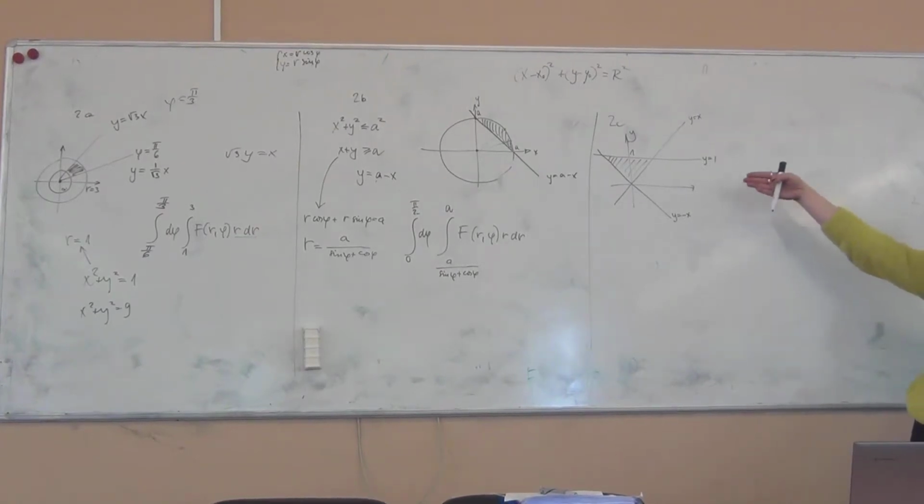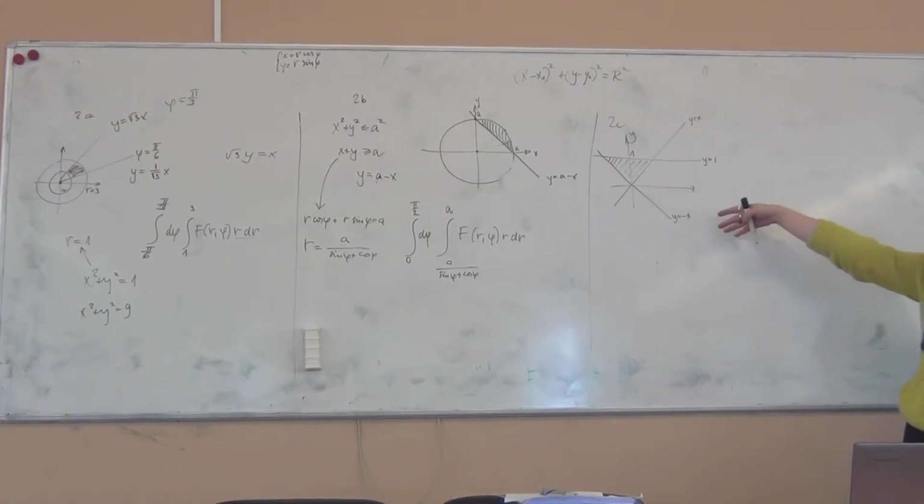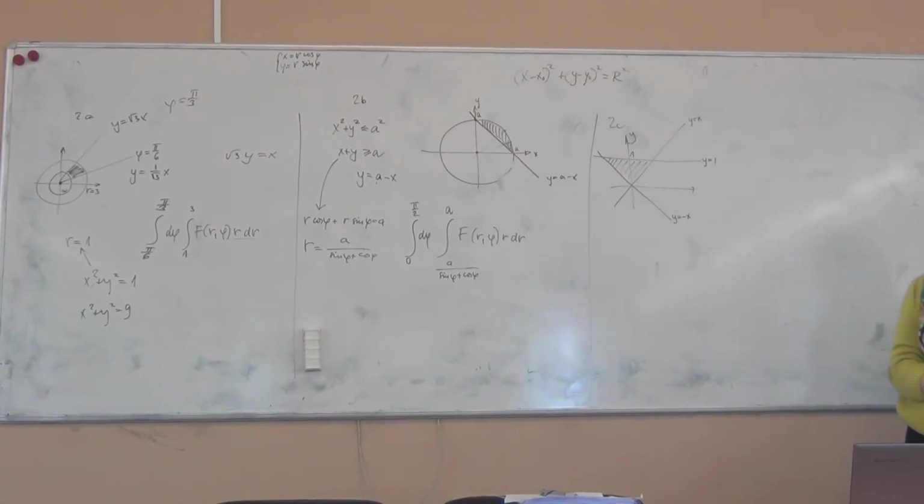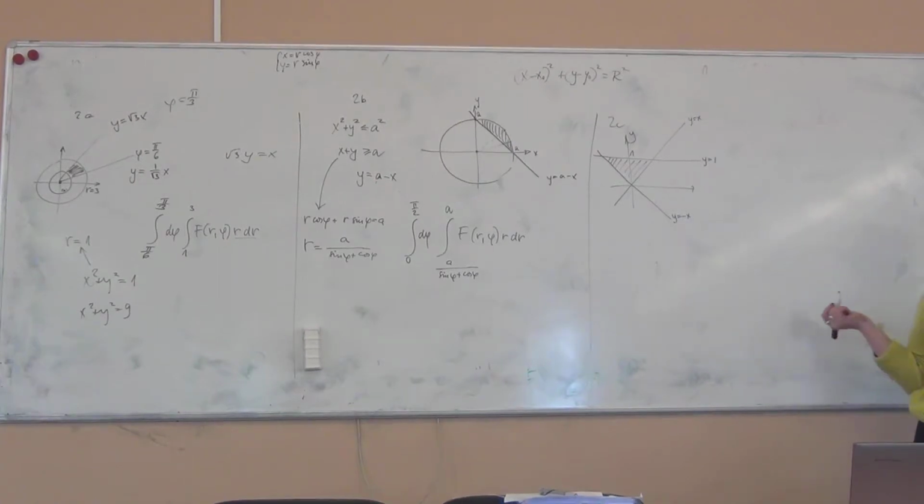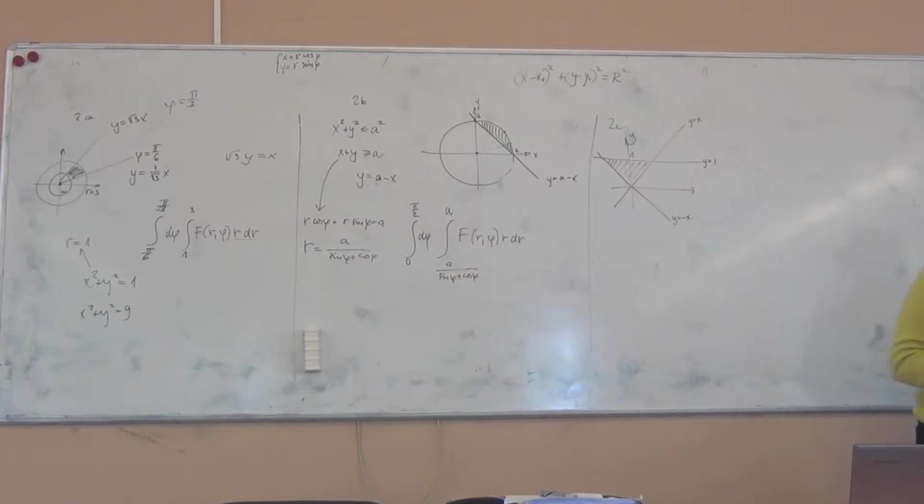It seems that this region of integration would be preferable in the Cartesian coordinates. Nice and clean. But it sometimes happens that the function to be integrated works better in polar coordinates. And then, obviously, we leave the Cartesian and transform to the polar coordinates. So you see there are two factors involved. One factor is the boundaries, whether they look nicer and are easier to deal with in polar form or in Cartesian form.